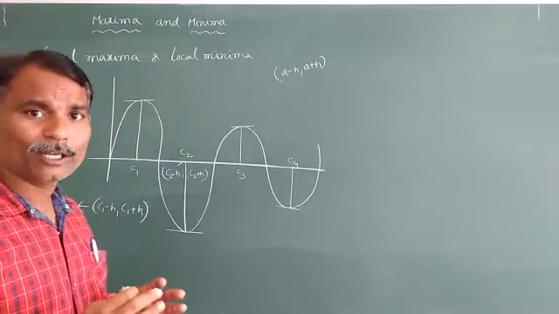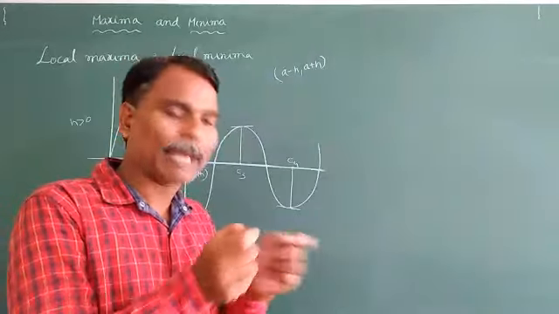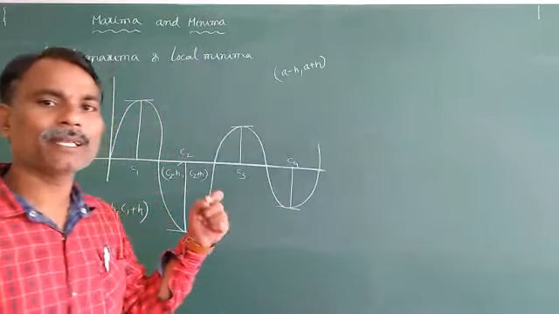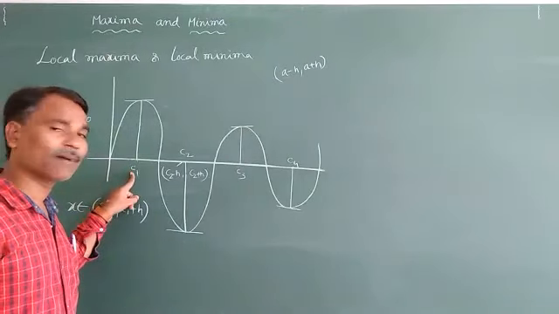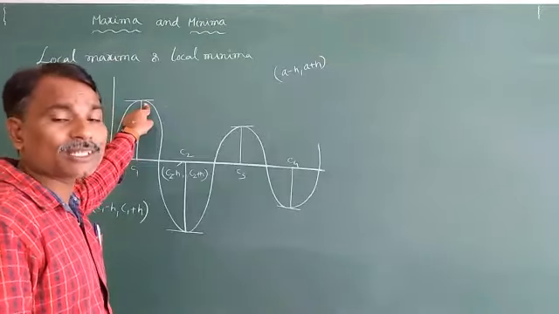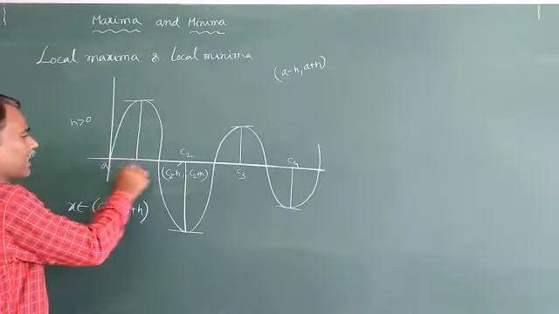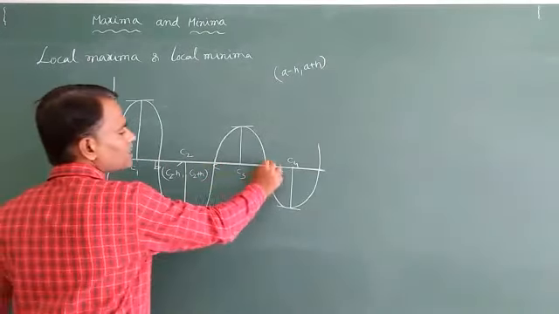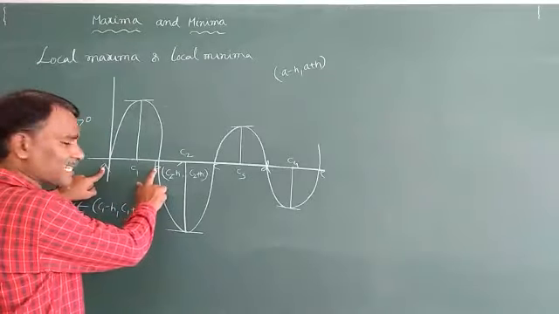So how do you find local maximum? It's a very minute interval, a very small neighborhood interval. Who is C1? C1 is the actual maximum point. But why are we using local maximum and local minima? Because previously the interval had points A, B, C, D, E like that, and we are not taking this interval.